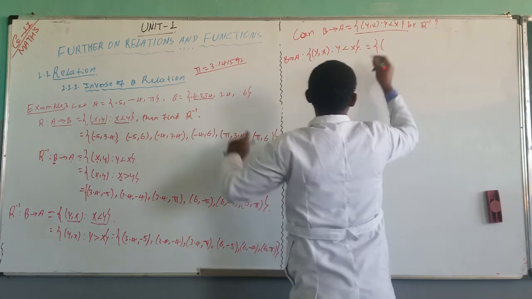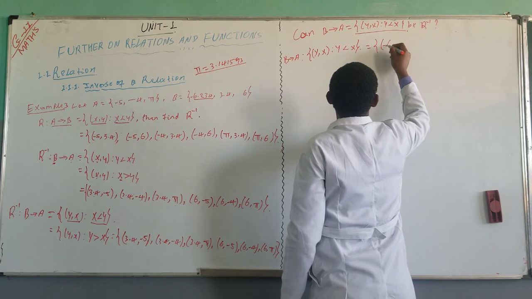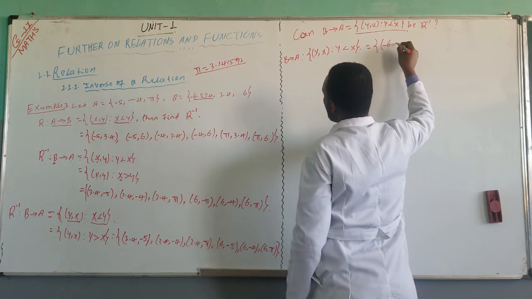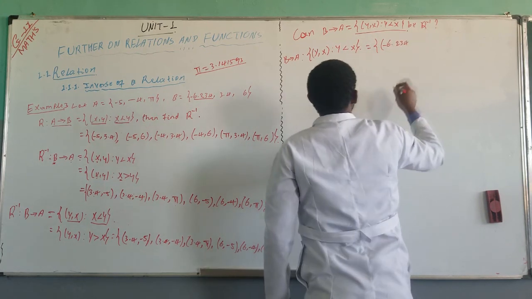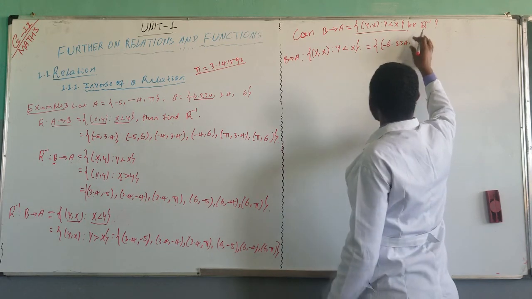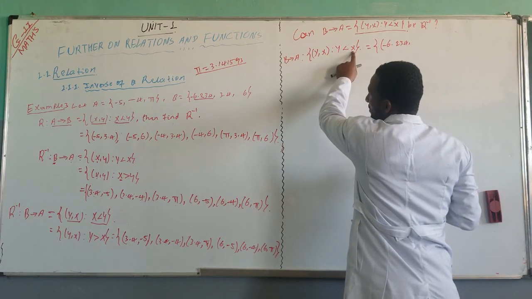Then let us take the first entry from B, which is -6.234, ordered with x, which is a largest number.